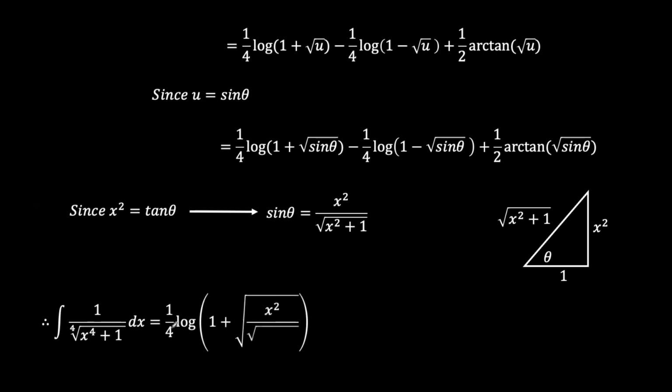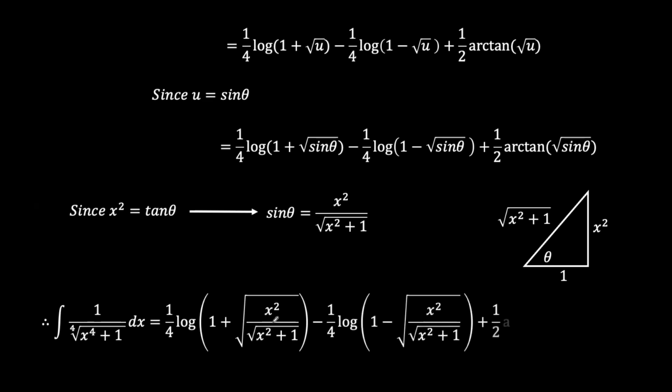So therefore, our final integral of 1 over the 4th root of x to the power 4 plus 1 is equal to a quarter natural logarithm of 1 plus, in place of sine theta, we have square root of x squared over the square root of x squared plus 1. And in place of the sine theta, we've done the same.